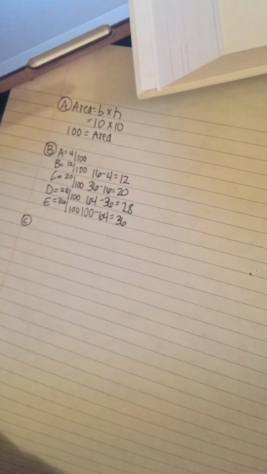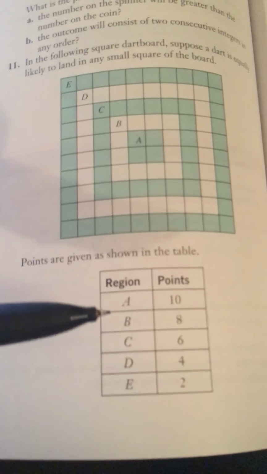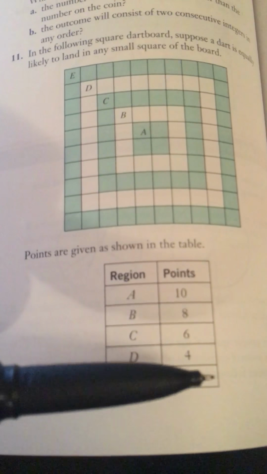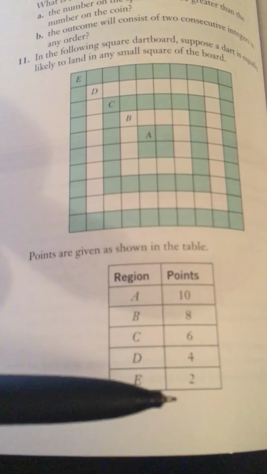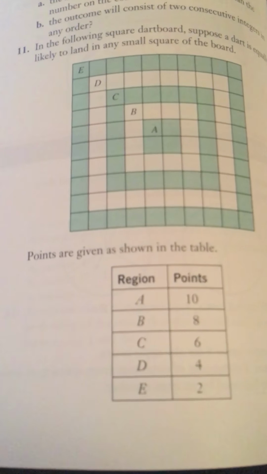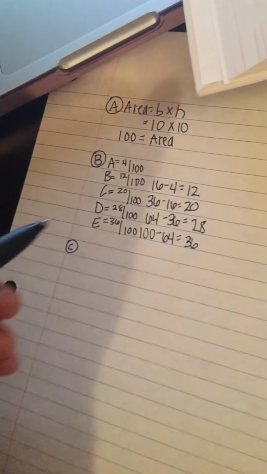C says, if 2 darts are tossed, what is the probability of the event scoring 20 points? On this problem, they gave us the chart of points. We can automatically cancel out B, C, D, and E, because no matter what combination of those 4 numbers, you will not be able to get 20. So the only option is A. Because of this square, there are 4 squares out of 100, as we previously found out.